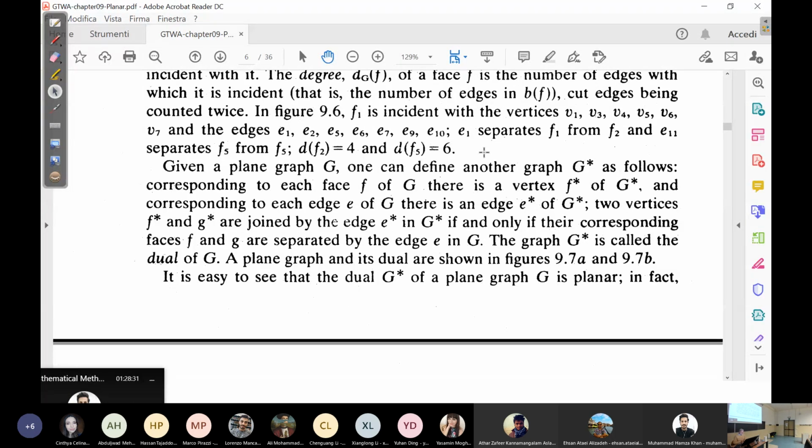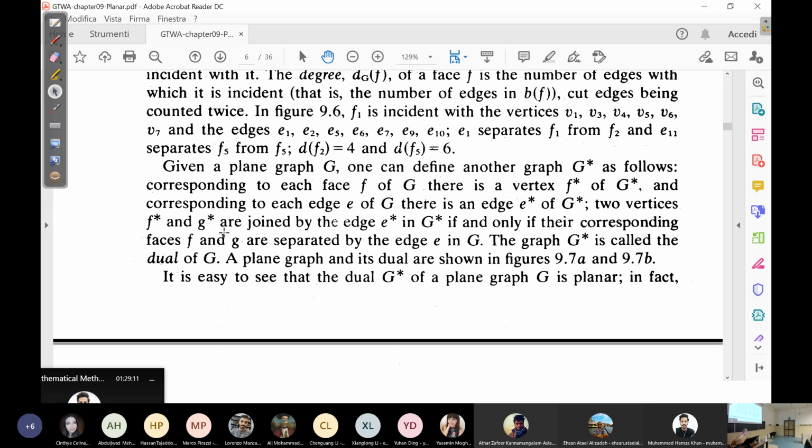Given a graph, a plane graph, not any graph, and not even a planar graph, since this is a mistake some authors make, not these ones, you can define what is called the dual graph, G star, as follows. Corresponding to each face F, there is a vertex F star of this new graph, and corresponding to each edge e, there is an edge e star of G star.